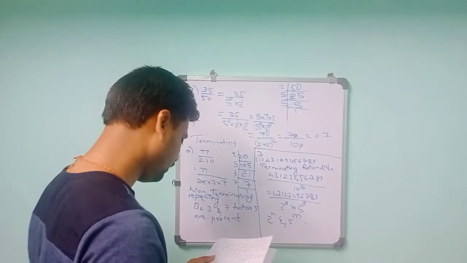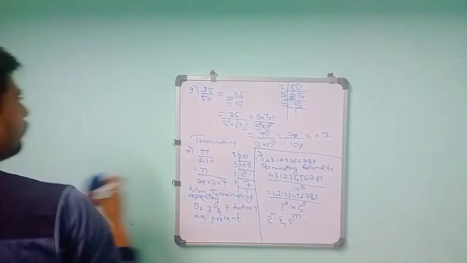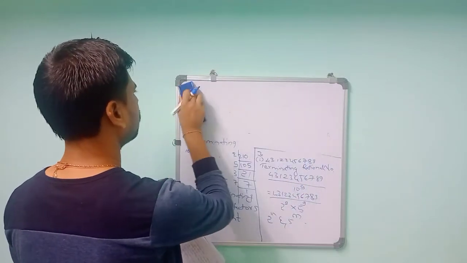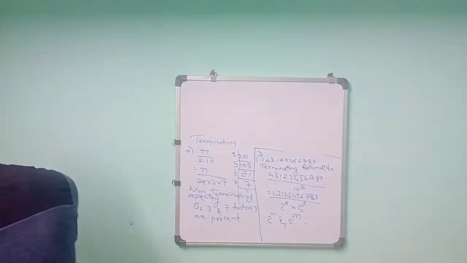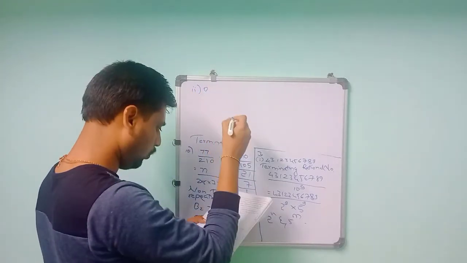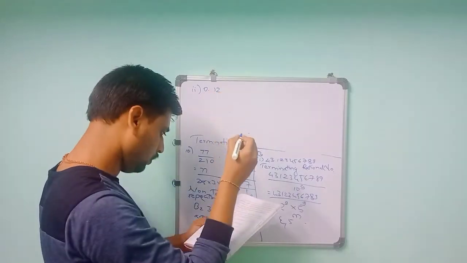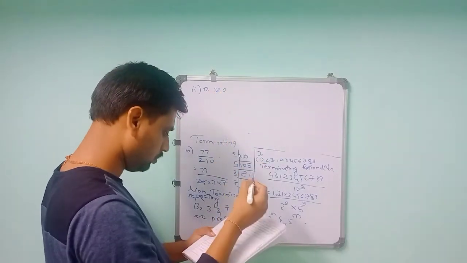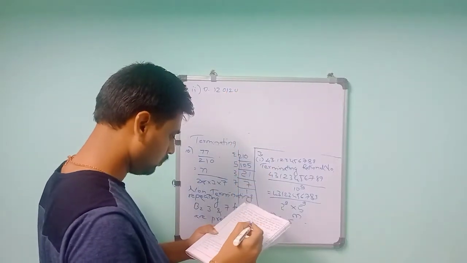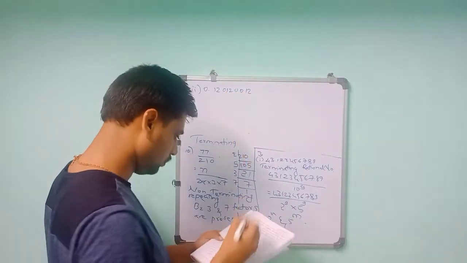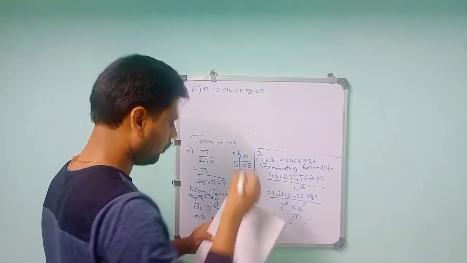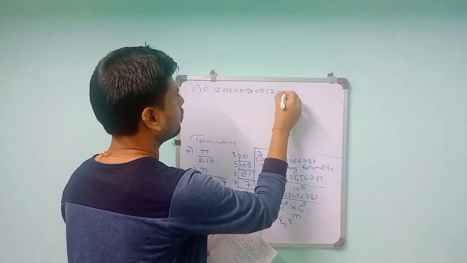Next one like this, if you take the second problem, it is 0.120120012000120000.